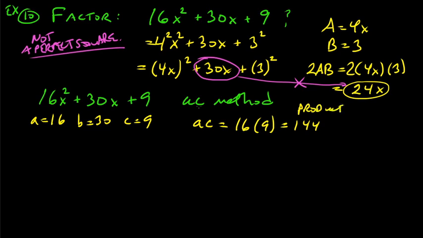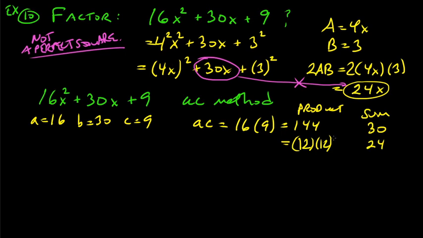And the sum has to be 30, right? So when you add the two numbers, we're looking for 30. Now the 144 is a perfect square, and the one we tried already was 12 times 12, but 12 plus 12 is 24, not 30. So that's why the perfect square didn't work.